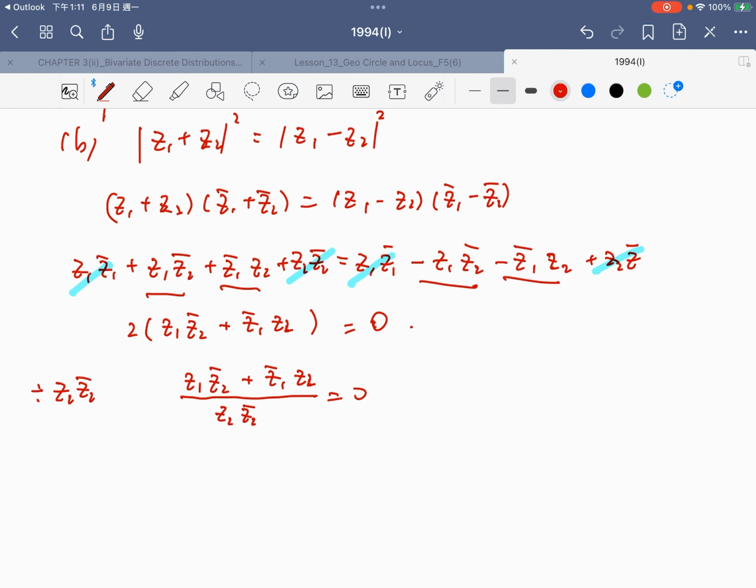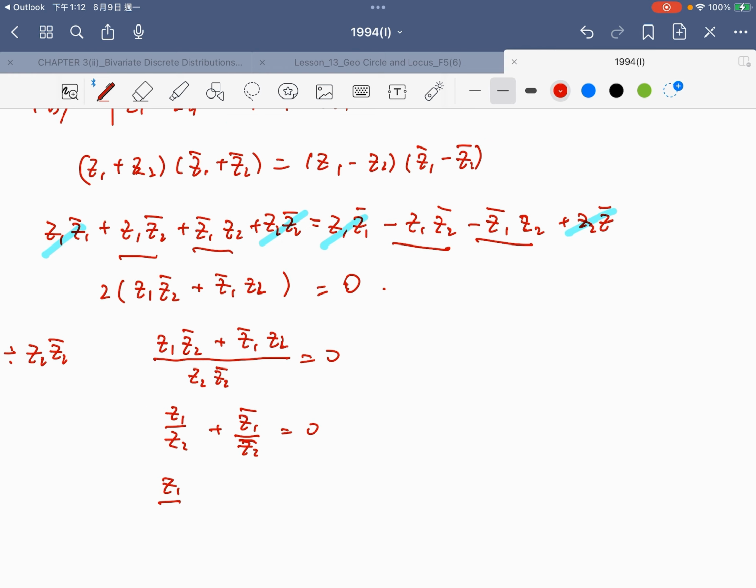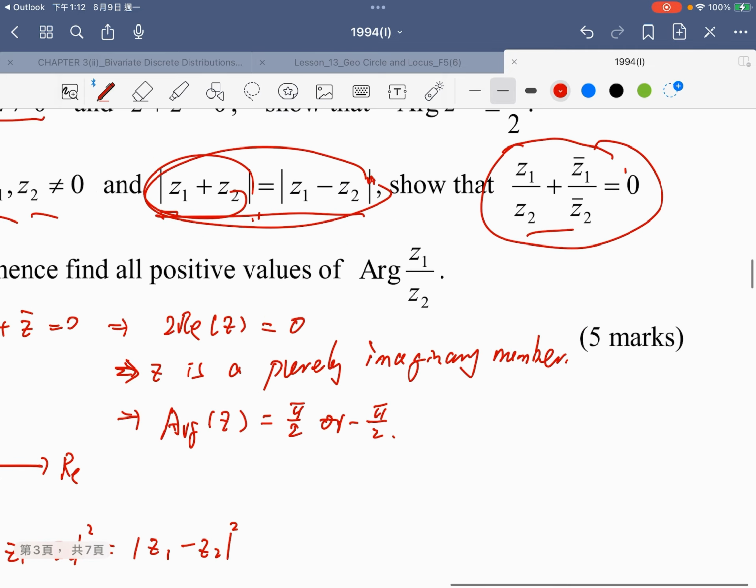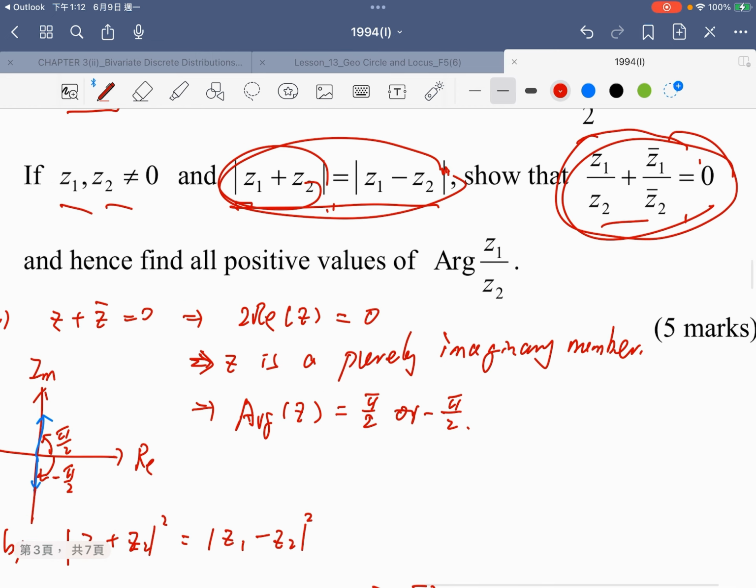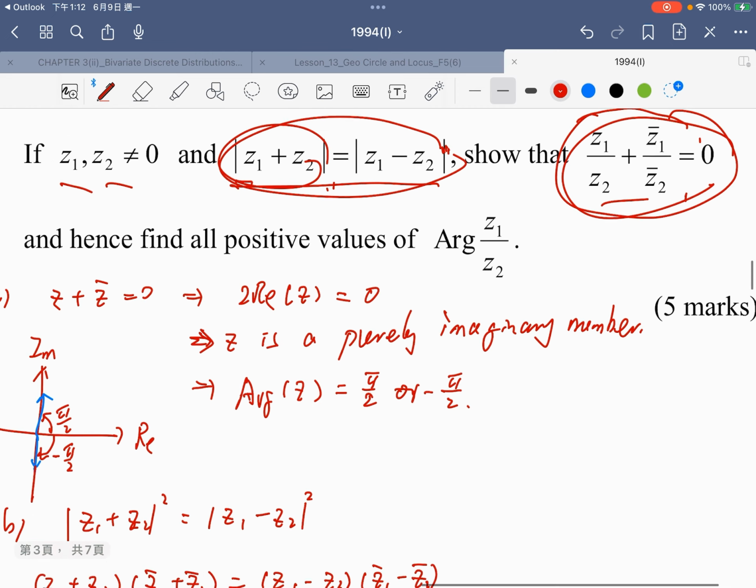We can see that z1 over z2 plus z1 conjugate over z2 conjugate. That means z1 over z2 plus z1 over z2 conjugate here. That is the first part of this one.